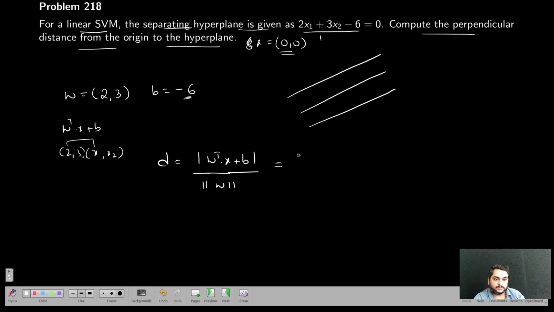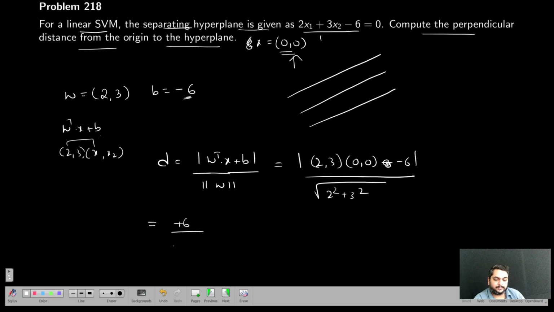So you substitute 2, 3 with the origin 0, 0, plus or minus 6 intercept, divided by square root of 2 square plus 3 square. So minus 6 becomes plus 6, divided by square root of 9 plus 4, 13. So 6 by root 13.